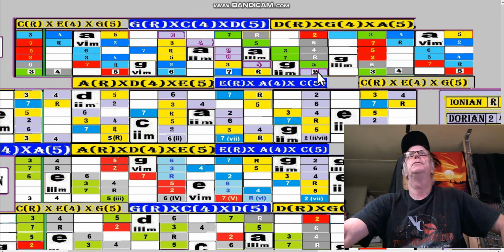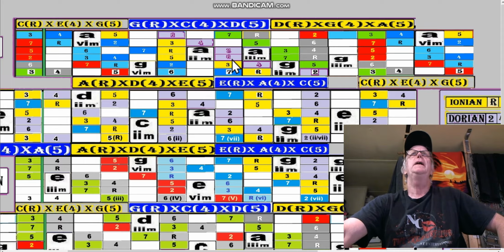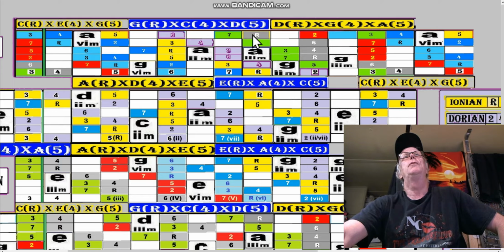So we have the local root of Dorian. So we have 2, 4, 6. You see how there's a minor third there, and then it repeats. But now that minor third looks more like a major third because this string's been brought over one.